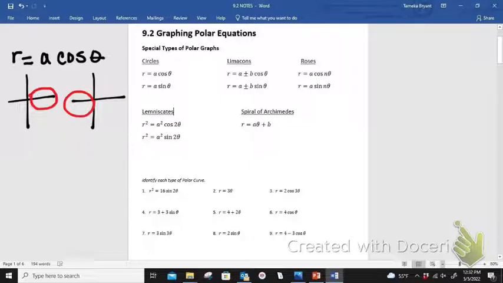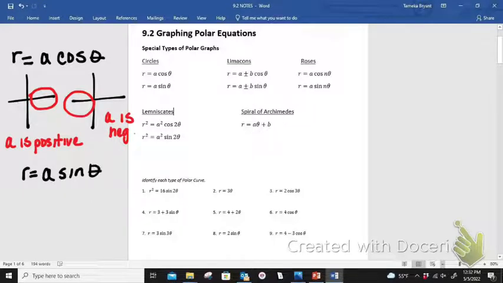So if A is positive, it's going to face towards the right. And if A is negative, it's going to face towards the left. And then you can also have circles that hug the y-axis.